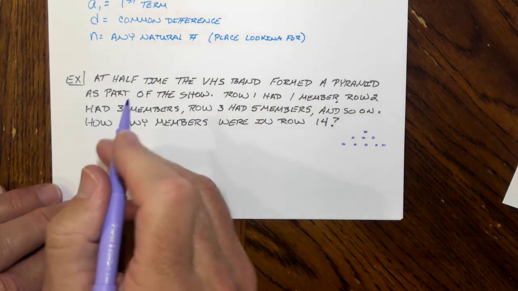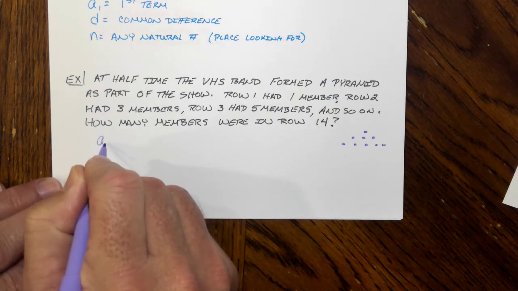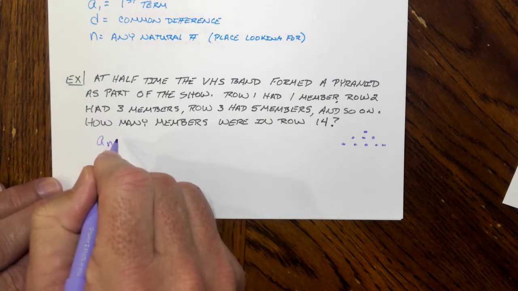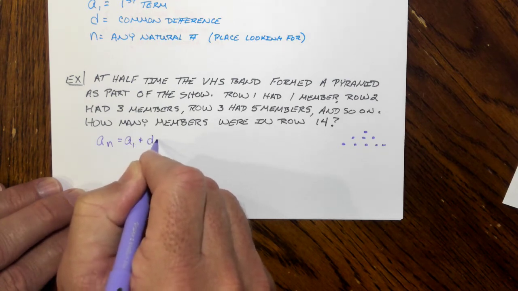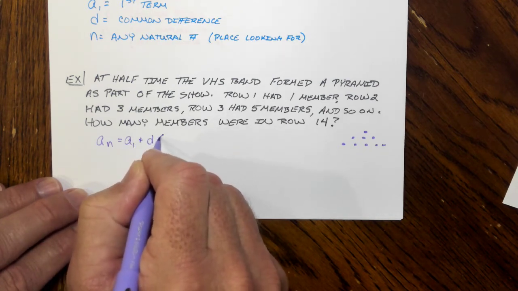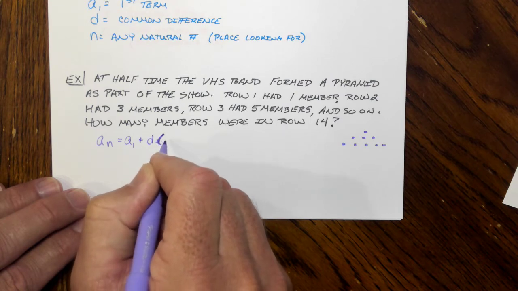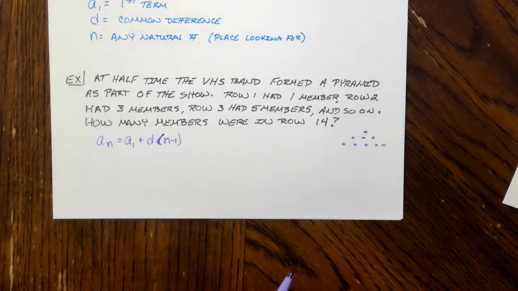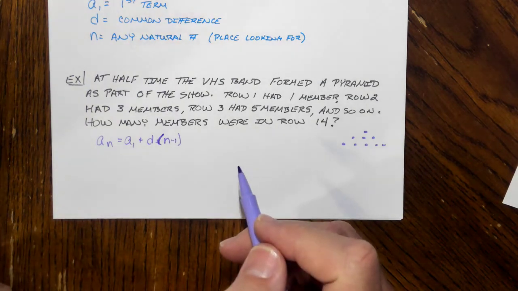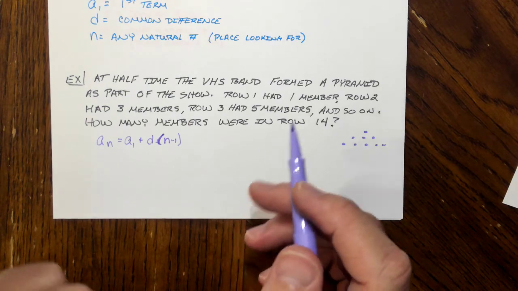Our formula reads a sub n equals a sub 1 plus d times the quantity n minus 1. So let's work through this.